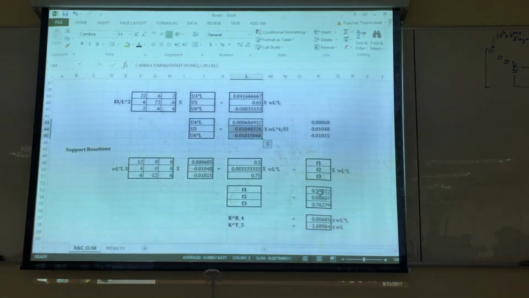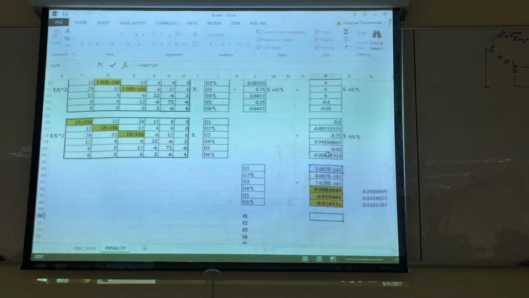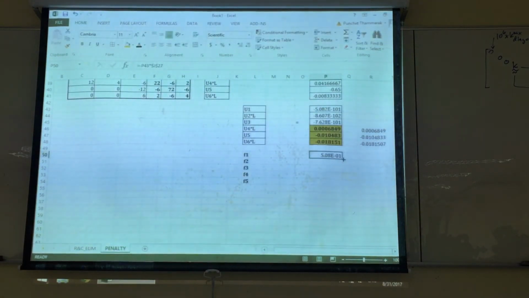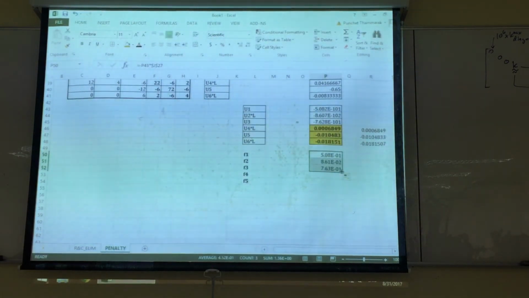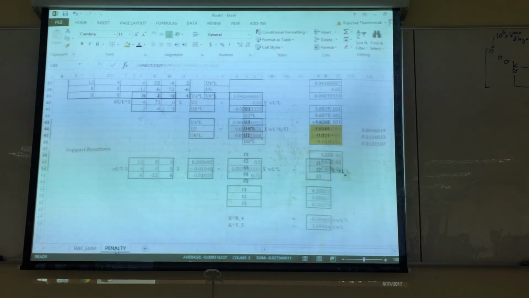J27 is a stiffness. I lock it like this. And then copy down. Bang bang. Okay. 8.61, 7 point something.